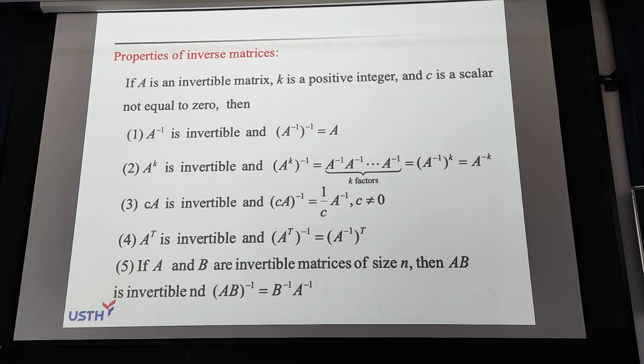Once again, in the formula here, I call your attention to the order of A and B. On the left hand side, A goes before B, but on the right hand side, B goes before A. So be careful with that. The order of A, B on both sides are different.